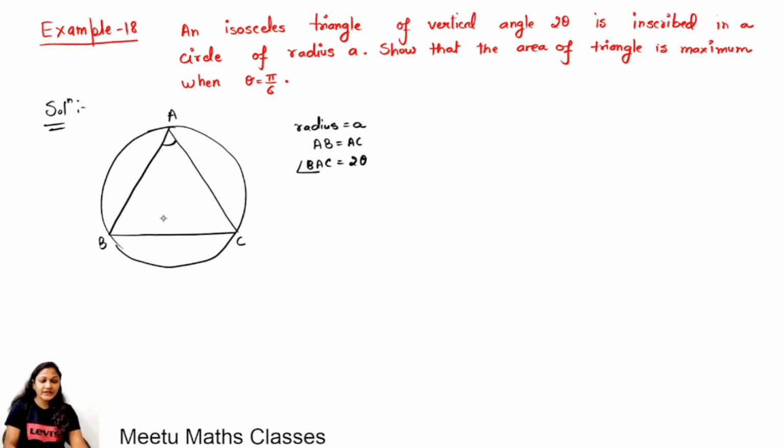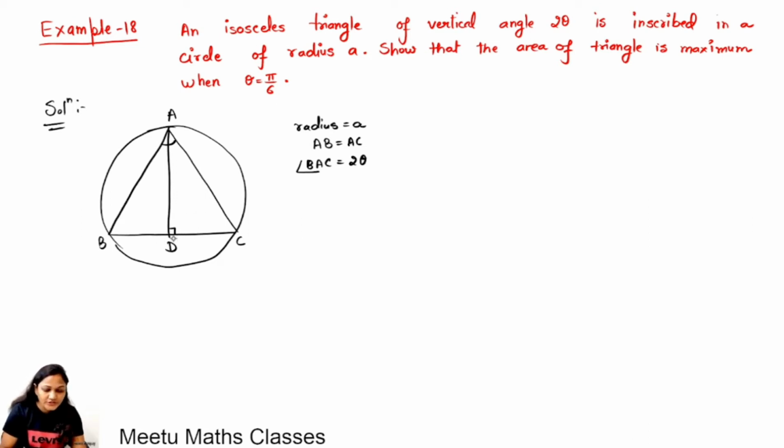So to find out the area of a triangle, we need base and altitude. So let us take AD as the altitude of the triangle. Now, since triangle ABC is isosceles, the altitude, median and angle bisector will coincide.